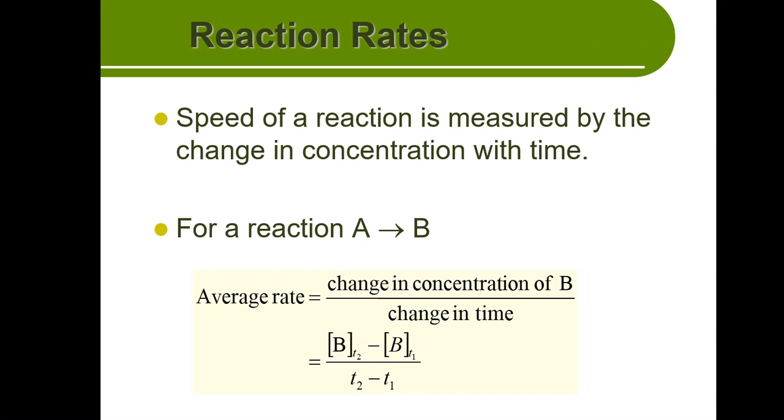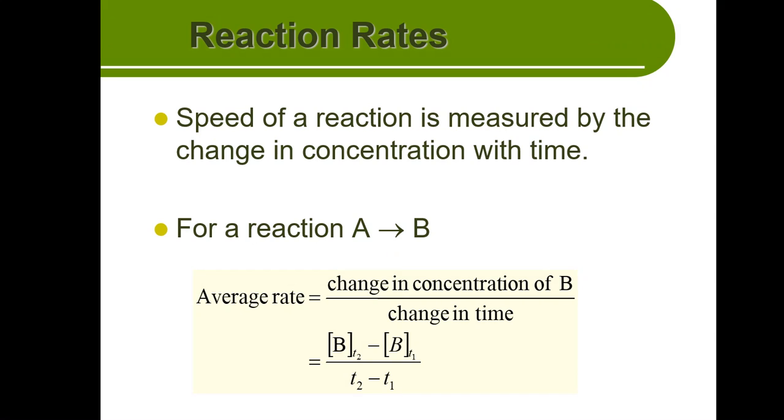Whereas the average rate, as the term implies, gives you the average rate of reaction during a certain time duration. Now, the average rate could be expressed in terms of the reactant or in terms of the product. But nonetheless, for either of the two expressions, you have the same formula to use.